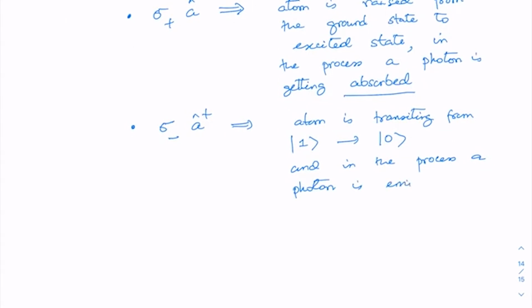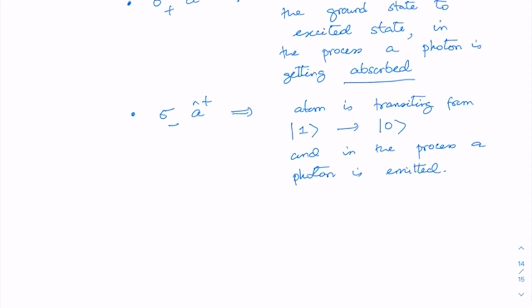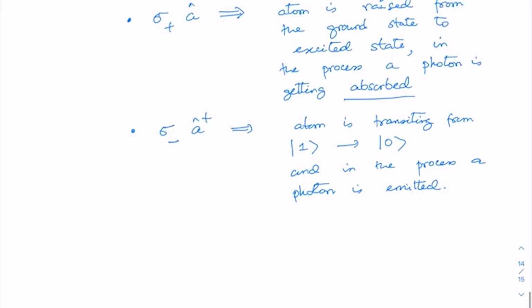A creation of a photon is happening, a microwave photon in the case of our system, a transmission line resonator interacting with a Cooper pair box. So this is very reasonable.